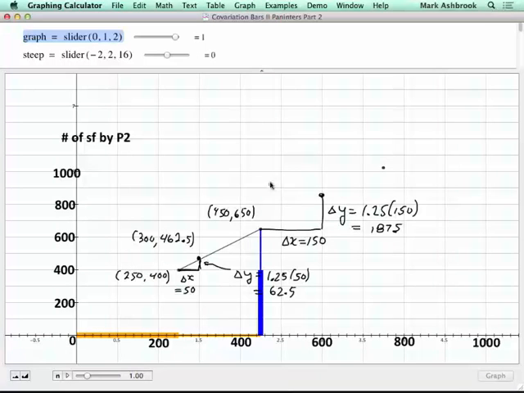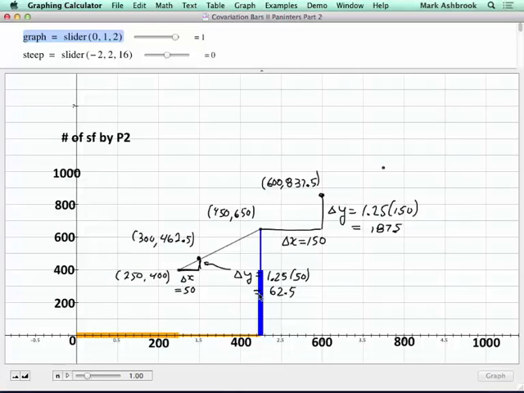And what's the new amount painted by painter 1? Is X 600? 450 plus the change. So 600. And then the new total amount by painter 2, 650 plus 187.5 is 837.5.